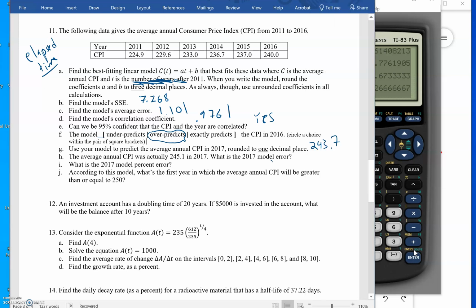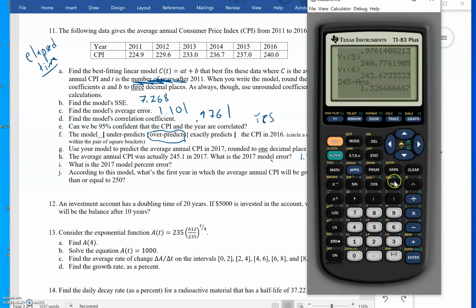And then our percent error is the model error divided by the actual, which is 245. Oh, you know, I realized I just made a mistake. That was actually supposed to be 245.1.